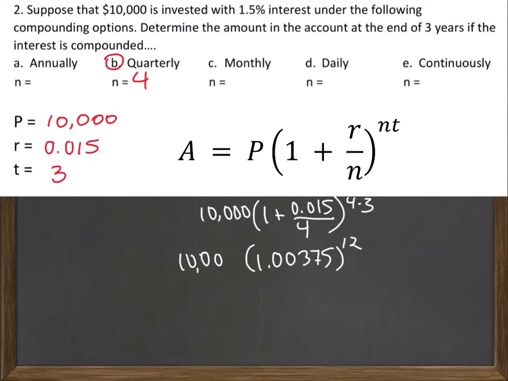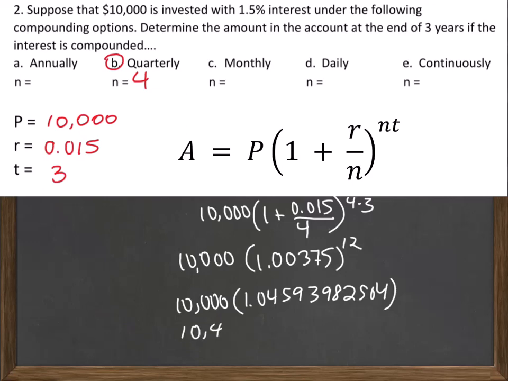And again, we have to do the exponents before we can multiply. Okay, so then we get $10,000 times 1.04593982504. And that gives us $10,000 plus 459.40. Okay, so $10,459.40 would be our answer.